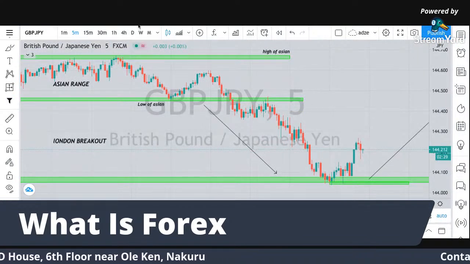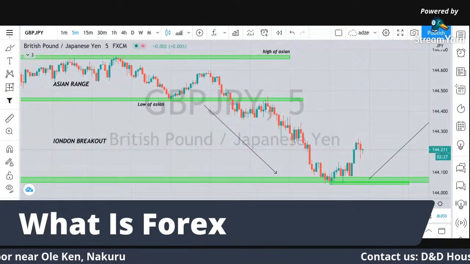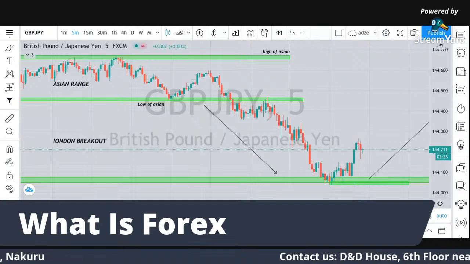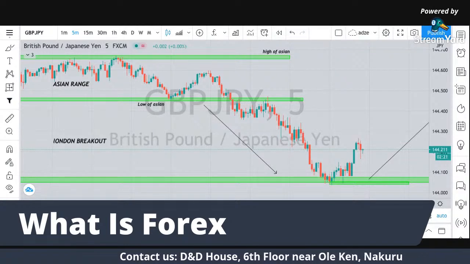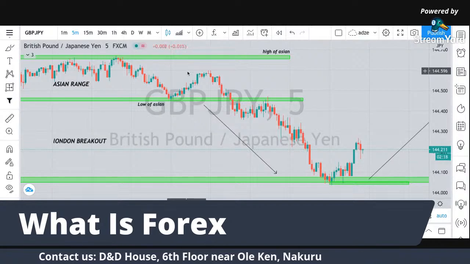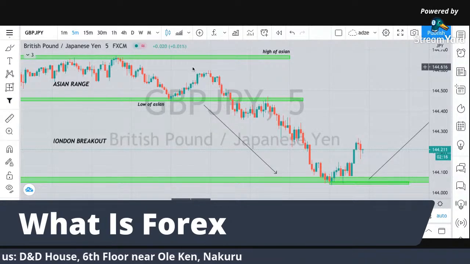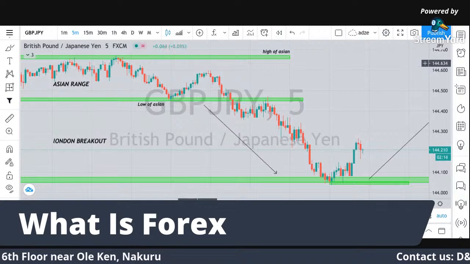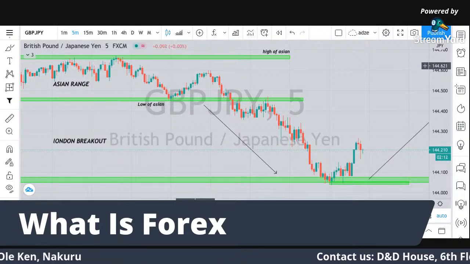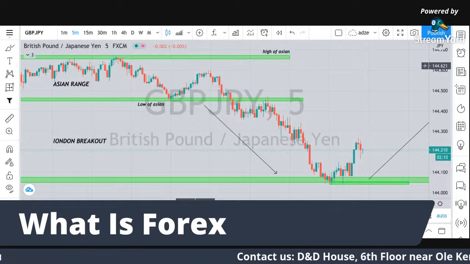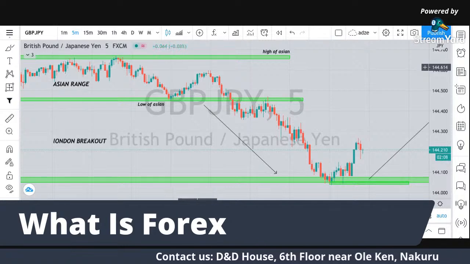Now that is trading: you have to trade one currency against another. There are several currency pairs: GBP/USD, GBP/JPY, USD/CAD. It is usually one currency to another.